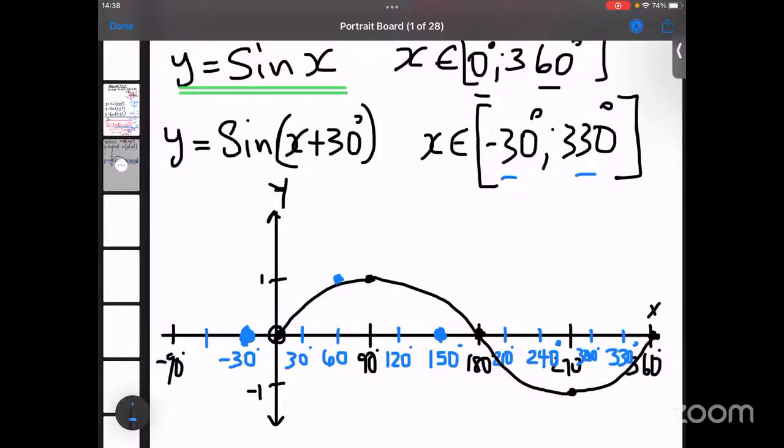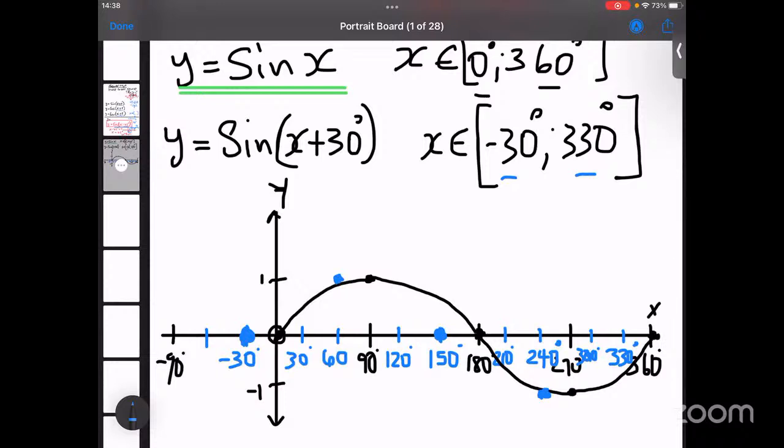Then we go back and do the next critical point. It is 240. At 240, it gives -1, which is somewhere there. And then the last one, what is it? 330.